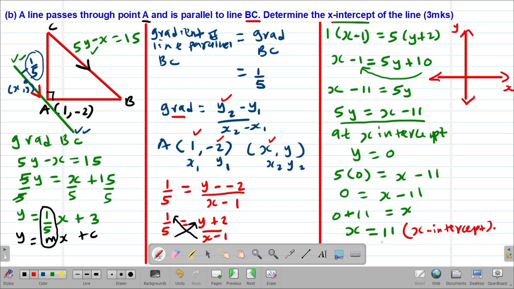It means that this particular line will cut through the x-axis at the point 11. Now, if you are asked to find the coordinates through which the line will cut the x-axis, the coordinate will be 11, 0. But actually, the x-intercept is x equals 11.